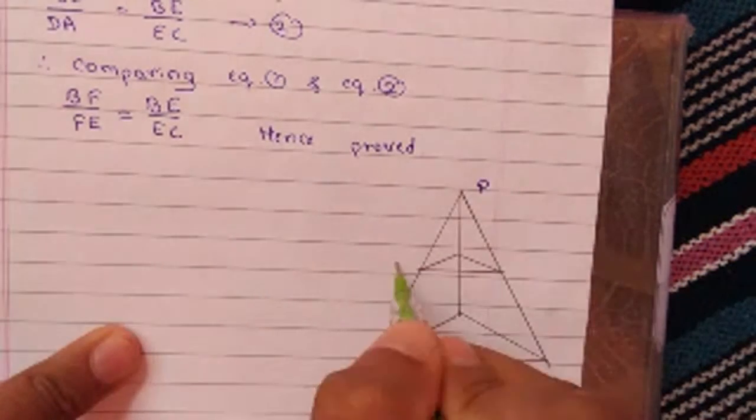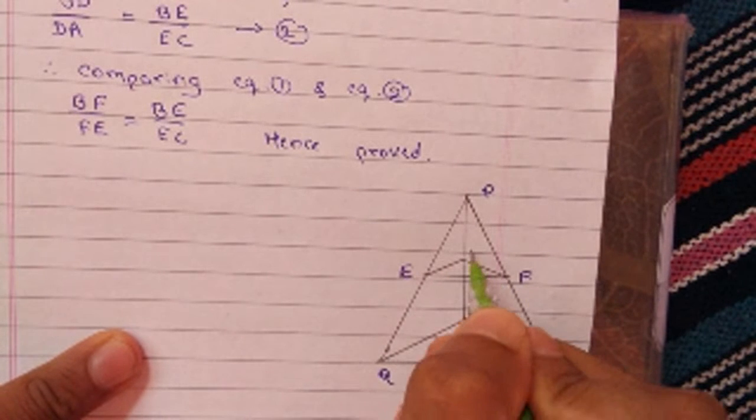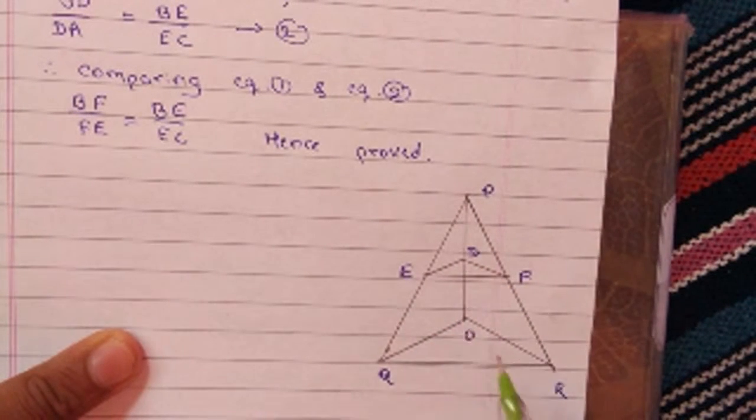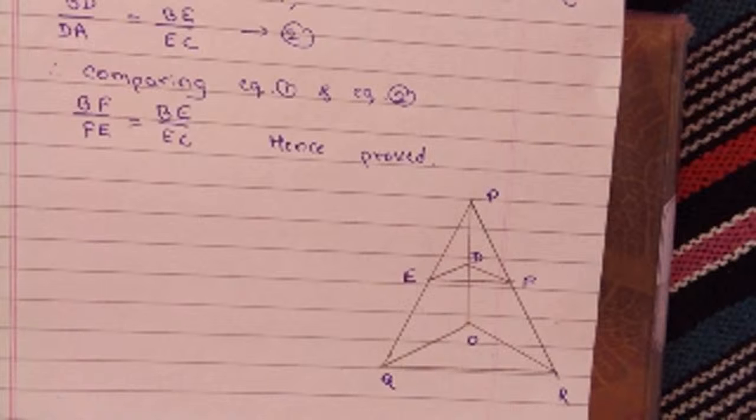So this is point E, this is point F, this is point D, this is point O. Look at the figure correctly and read the question also correctly.